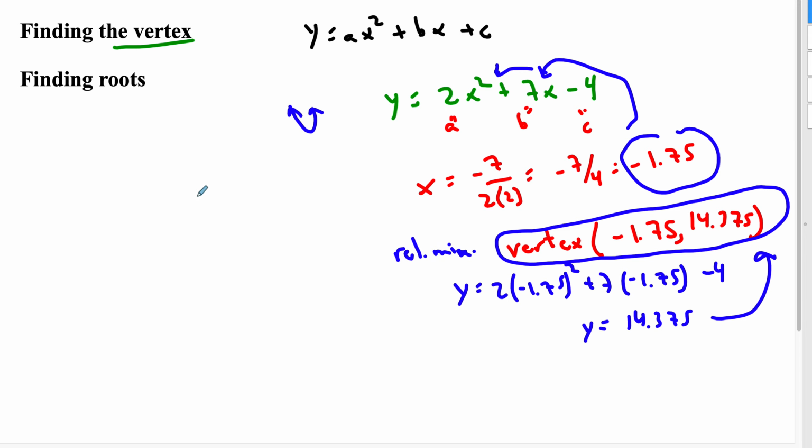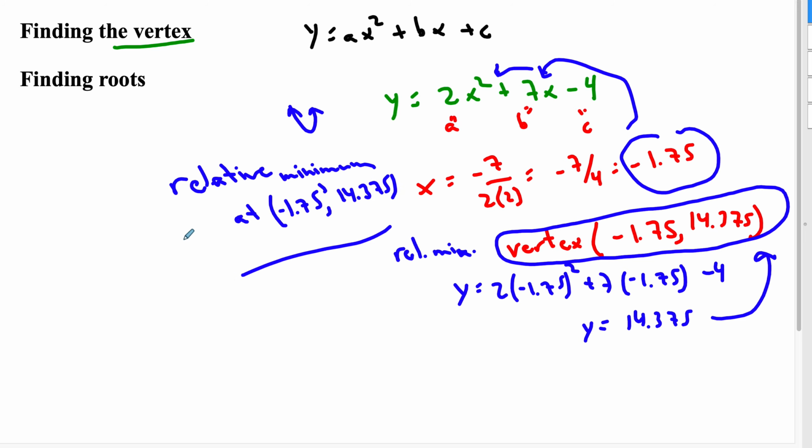So for the vertex of this, we'd say there's a relative, well, I'll spell it out for you, quite literally, minimum at negative 1.75, 14.375. Okay, that would be it, finding the vertex.